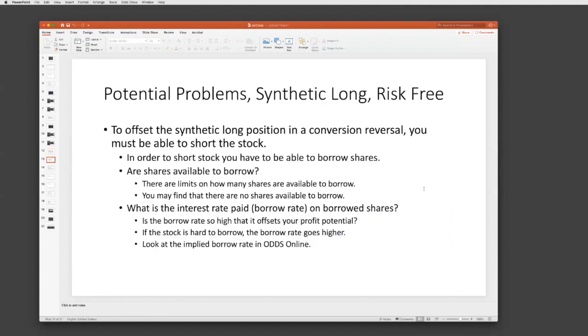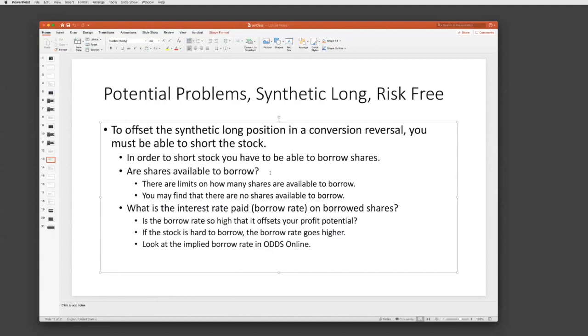So here's the potential problems with that. And the reason why we avoid Beyond Meat and Tilray. In order to sell short the stock, you have to be able to borrow shares from someone, right? And that's the first hurdle you've got to overcome.